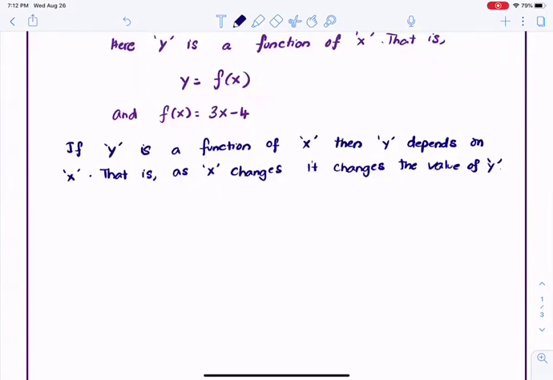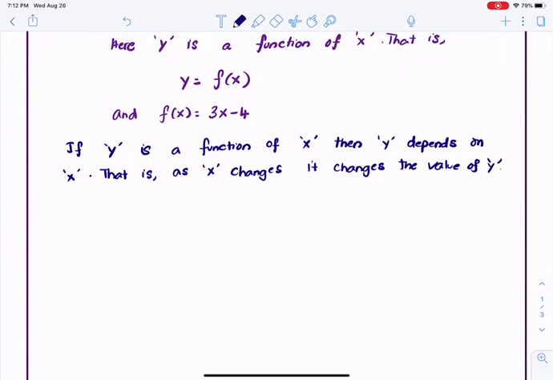And that's exactly what we mean by dependence. So if I keep on changing the values of x, it is going to affect the values of y. But a relationship, a relation, would also mean the same thing.